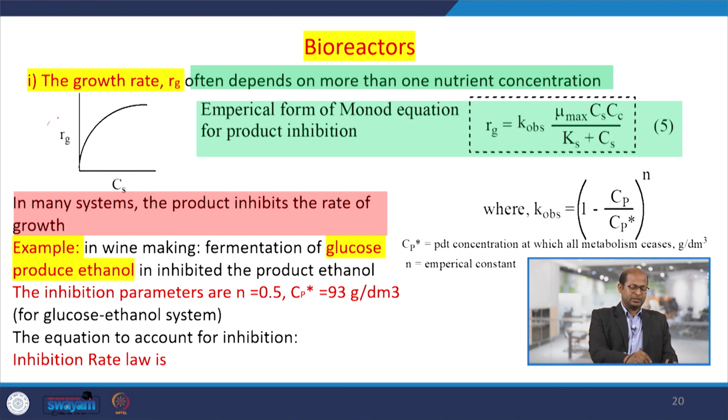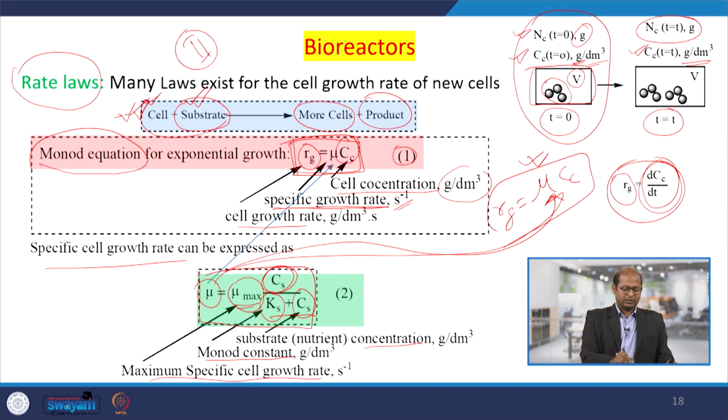So, here you can see the bioreactor cell growth as the substrate concentration gradually increases. The growth rate, expressed as dCc by dt, the cell growth rate, depends on the nutrient concentrations. In the bioreactions you can see the cell concentration as well as the substrate, two components.